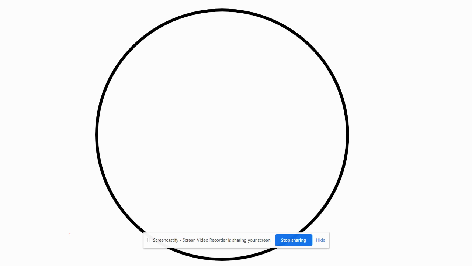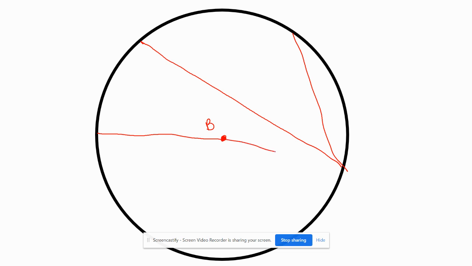All right, so if I had a figure inside of this circle, let's say like this. Let's say this is my center, B. I have these figures here.